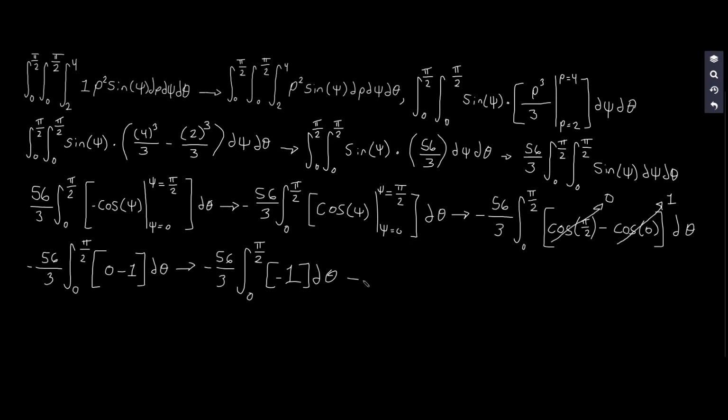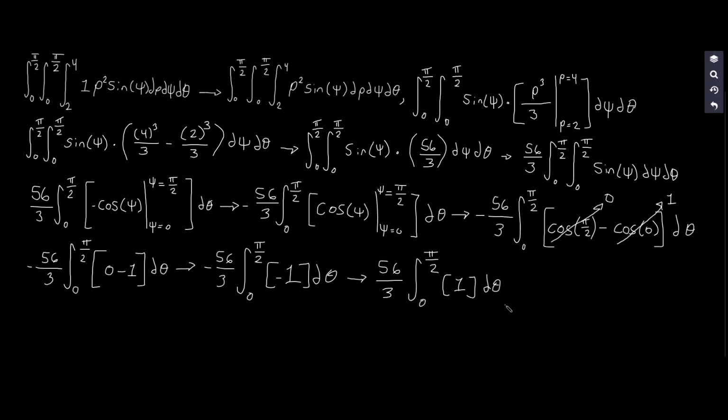Now, if we just factor out that negative sign, this negative 56 over 3 is just going to become 56 over 3 times the definite integral from 0 to pi over 2 of 1. Well, and then this is going to be integration with respect to theta.